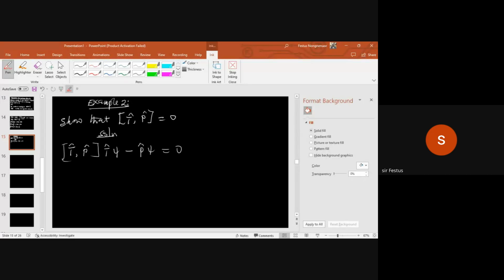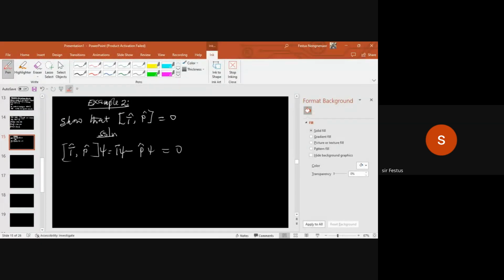Let me write it separately so that you can see. So this of psi is equal to T of psi, and this should give you 0. When you solve for it and you are not getting 0, your conclusion is that it does not commute. If you get 0, you conclude that the operators commute.